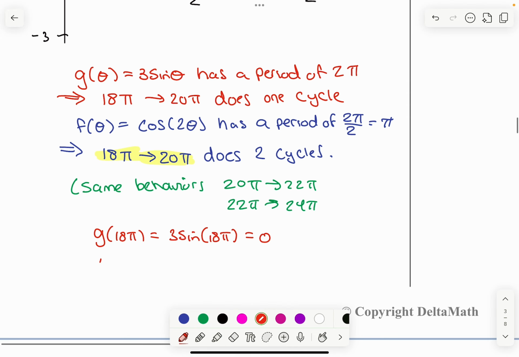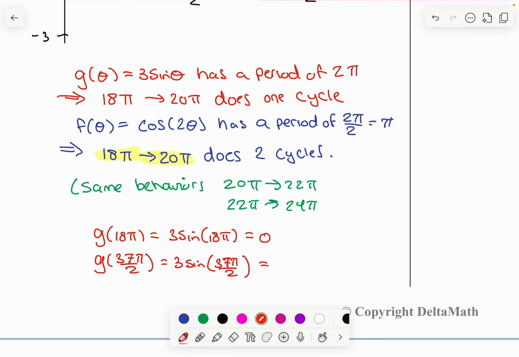And if you plug in the next point, 37 pi over 2, notice that's coterminal with pi over 2, because it's like 36 pi over 2.